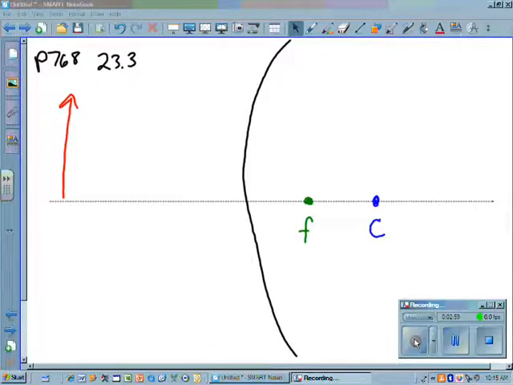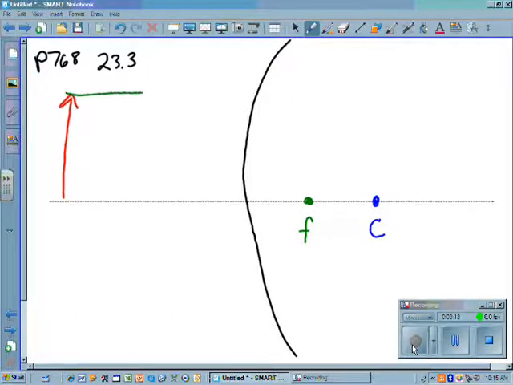So I have a focal point and a center of the axis on the right-hand side. Okay, so I'm going to draw a ray parallel to the center axis, so it's going to come across like this. Now, on this mirror, when it actually hits here, what's the mirror going to do? Yeah, it's going to bounce it up like this.